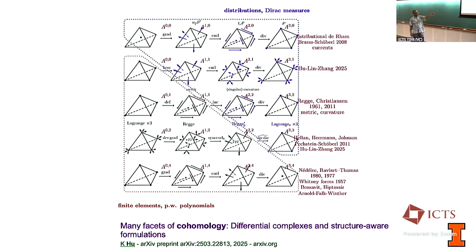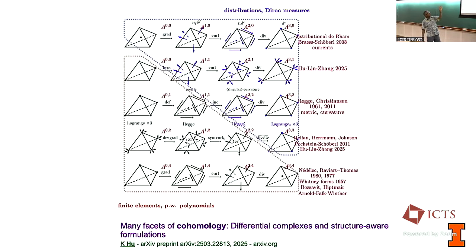And this is from the same paper by Kaibo. Here he's showing how to go beyond Laplacians and how to do many different physical problems. For example, in the middle you see elasticity, and this notation of lambda 0, 1, 1, 1, 2, 2, 3, 2 will become clear in the third lecture.